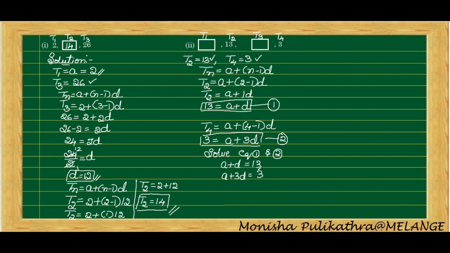Okay. So how to solve the equations? First we need to write the first and the second equation in this form. Okay. After that we need to change the sign. If there is no sign, it will be plus. So we need to change the sign to minus. Here the sign is plus, so we need to change it to a minus sign. Here also plus. Therefore we need to change it to a minus sign.